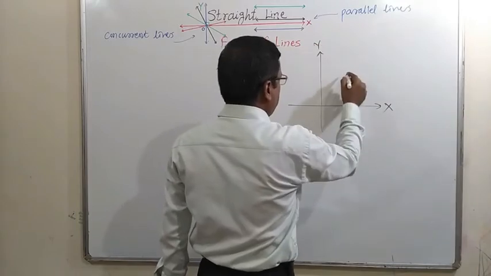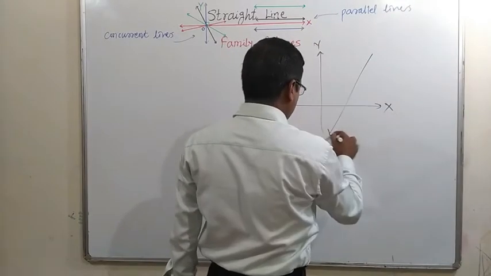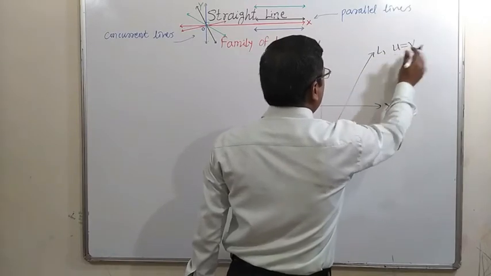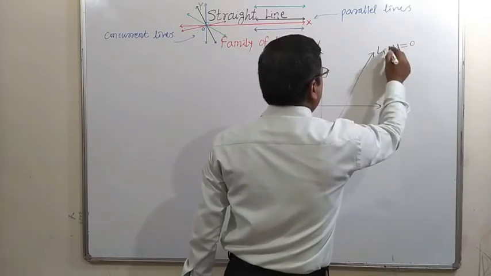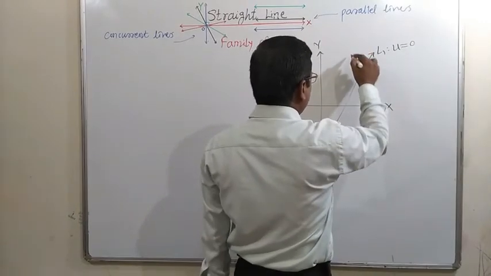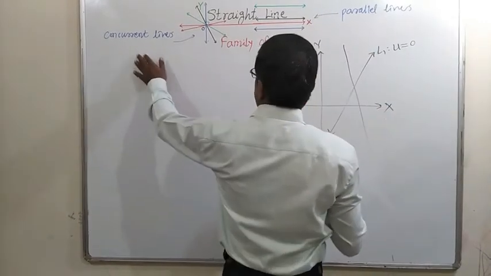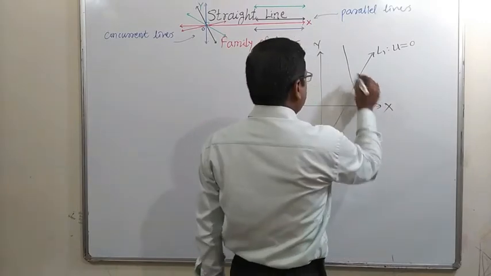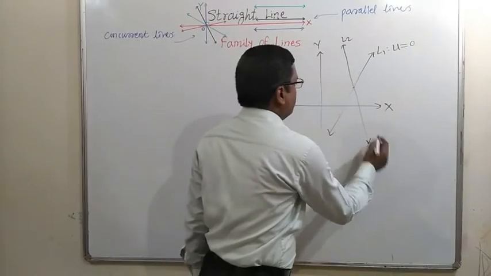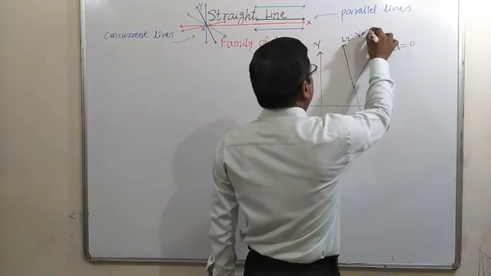in this xy system. Let us consider that this is one line L1 whose equation is u equal to 0. This is the equation of first line, and L2 is another line which may, suppose from first situation, be concurrent. Then this L2 is a line whose equation is v equal to 0.